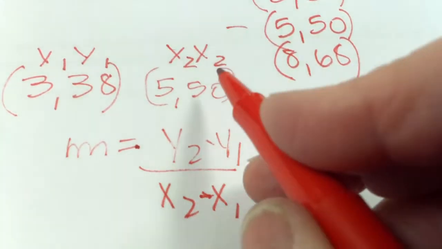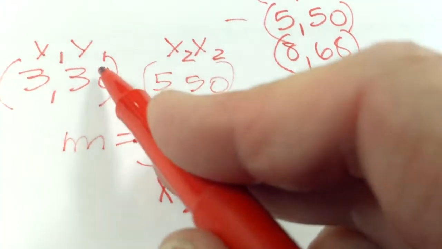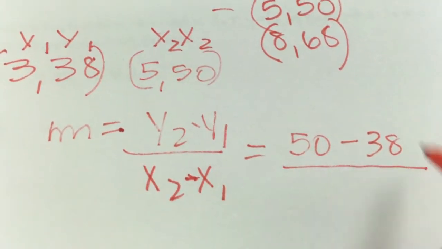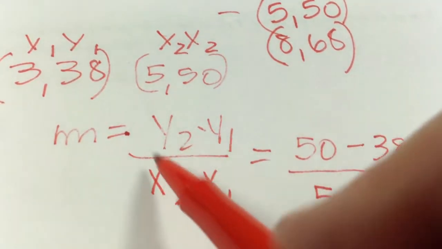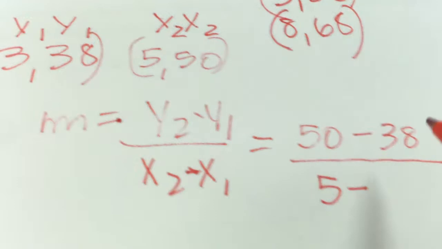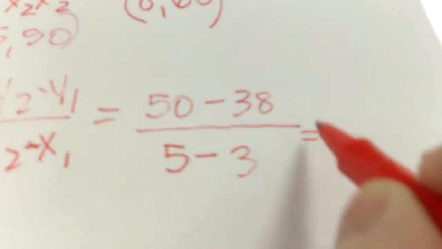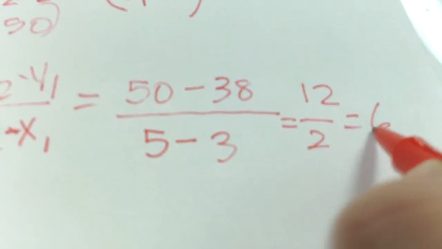Y sub 2 is 50 minus y sub 1, which is 38, over x sub 2, which is 5, minus x sub 1, which is 3. My gosh, this is so easy. So 50 minus 38 is 12, 5 minus 3 is 2, and 12 over 2 is 6.